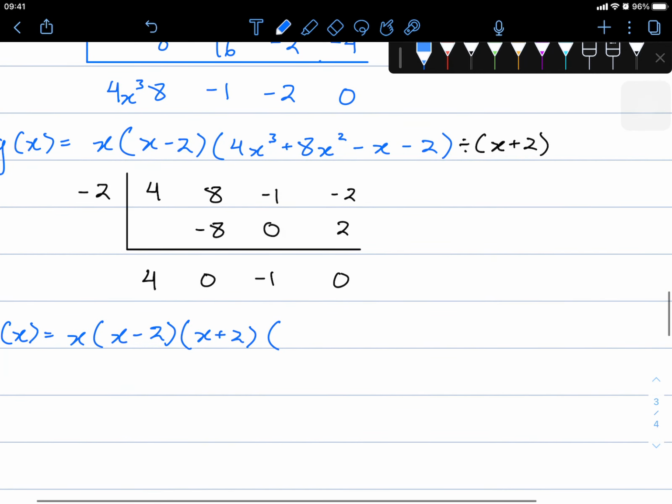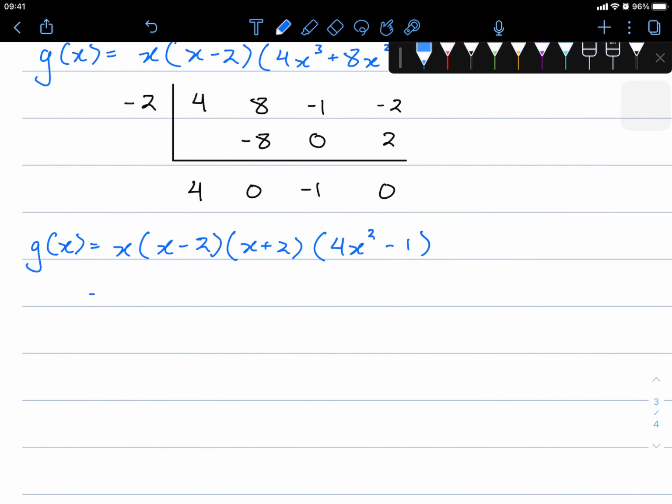Our remaining quotient here, since this one here is cubed, this will now be squared. Plus 0x, which we don't need to write, minus 1, because there's 0x here. This is nice and simple now, because I can factorize, because that is a difference of 2 perfect squares.